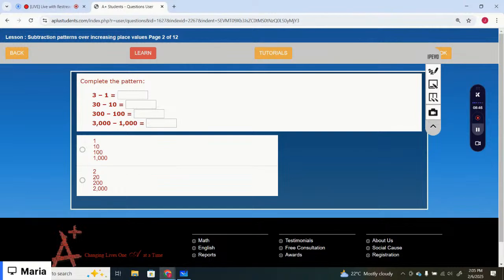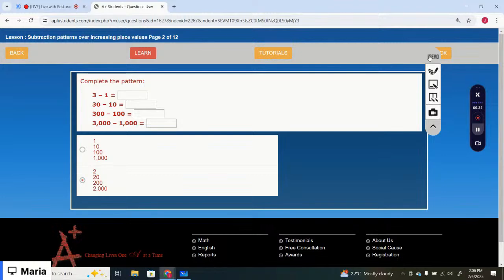So which is the correct option? 3 minus 1 is 2. 30 minus 10 is 20.